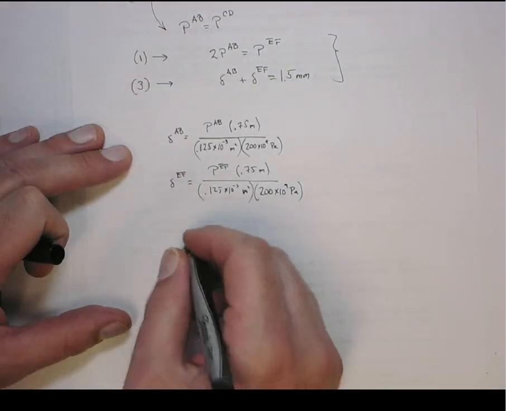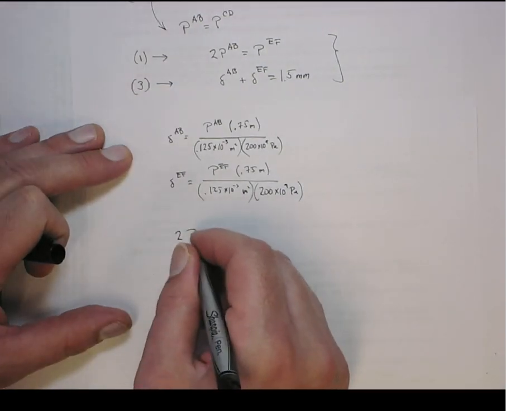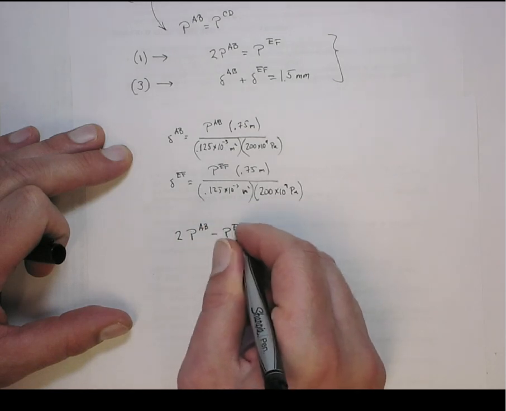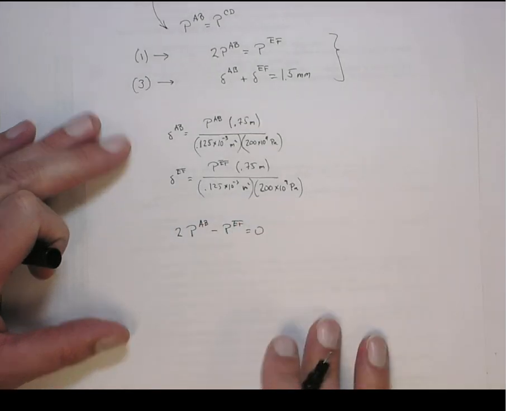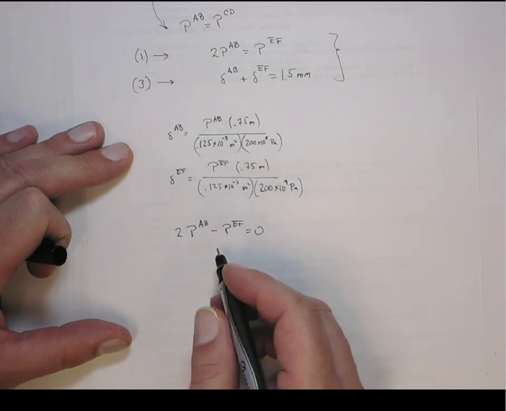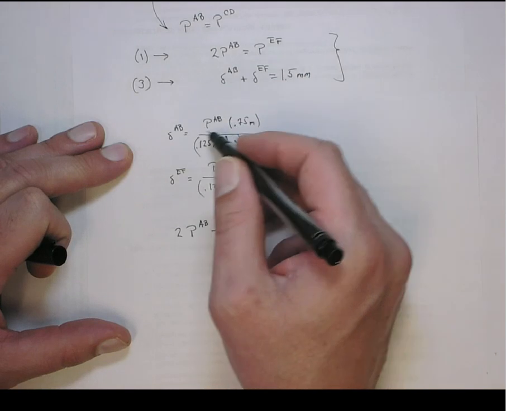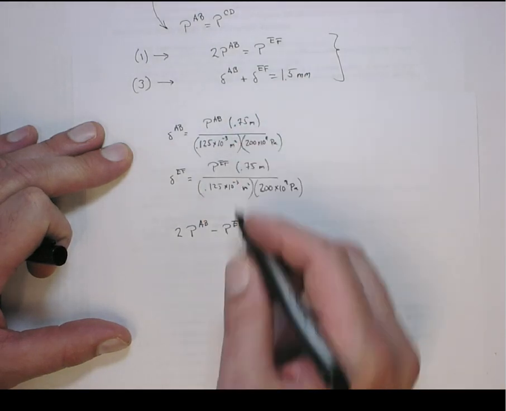So now I have 2 PAB minus PEF equals 0, and then from this you can see that both these terms get multiplied by the same factor.